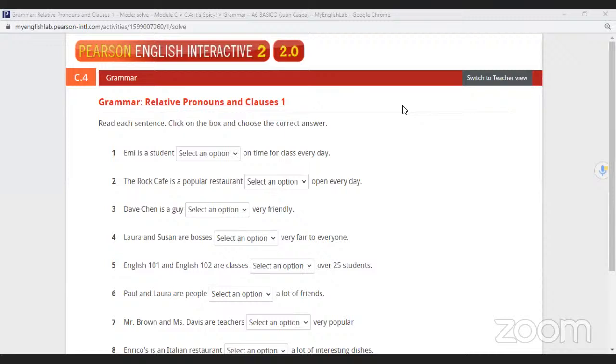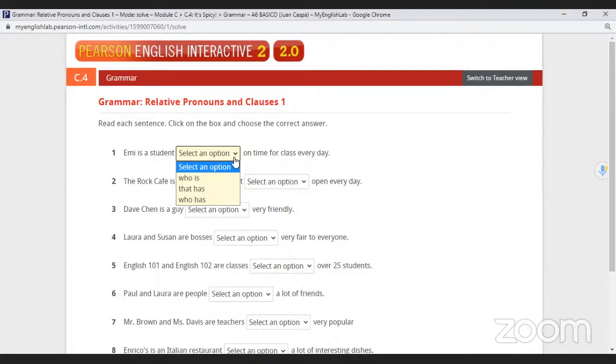So we have to read these questions and answer. Choose a correct option. Read each sentence, click on the box and choose the correct answer.